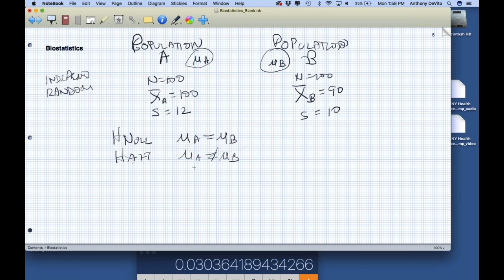Okay, assuming that that's okay, do they have to be normally distributed populations? Do the populations themselves have to be normally distributed? What do you think? Not a yes or a no. Remember the central limit theorem? Remember one of the things that the central limit theorem, besides telling us how to calculate standard error for the sample sizes, it also told us, if the population is skewed, right?